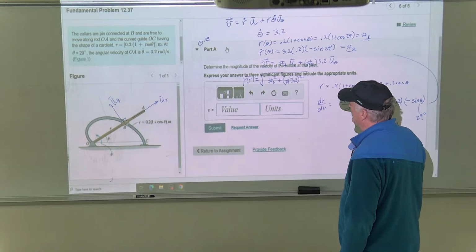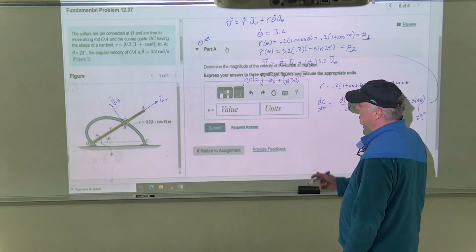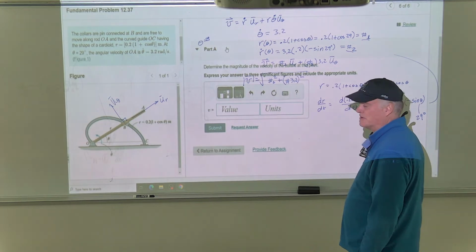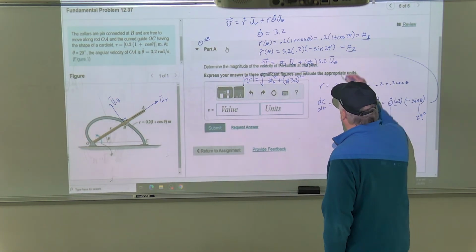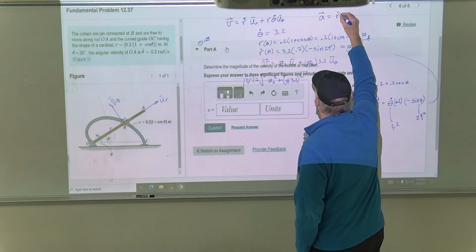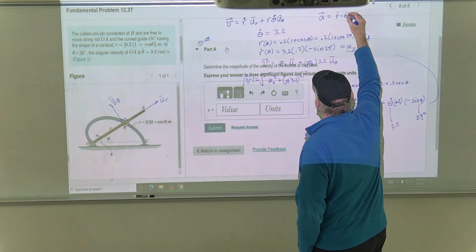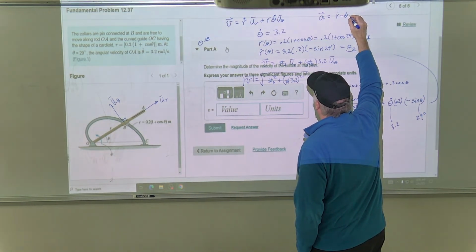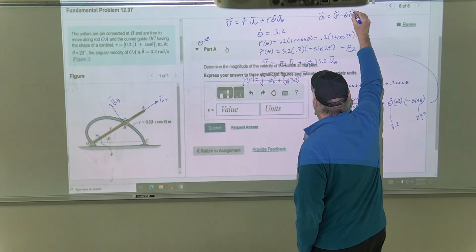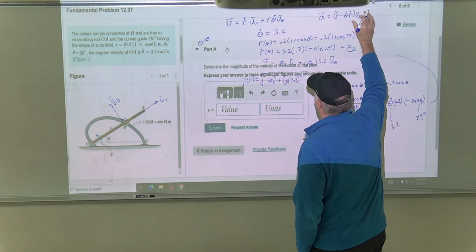If, for example, you wanted the complete problem, you would have the acceleration on here as well. And I should have given one with that, but I didn't. In the acceleration, you've got, let's see, R double dot minus R theta dot squared, and then you'll have another one of those terms.